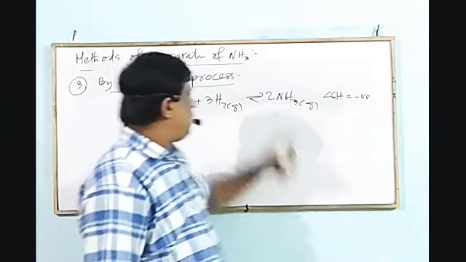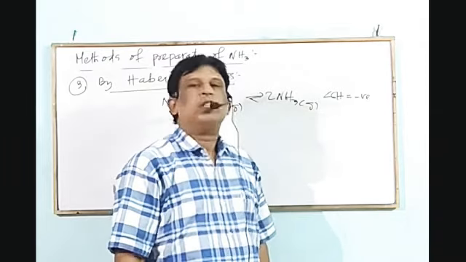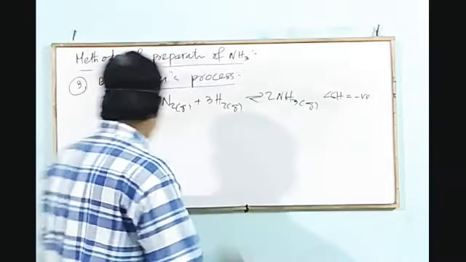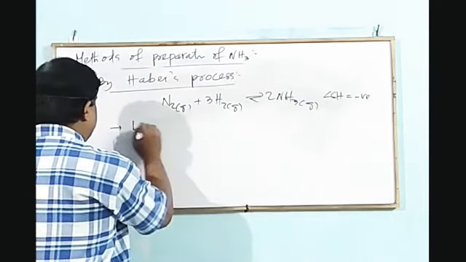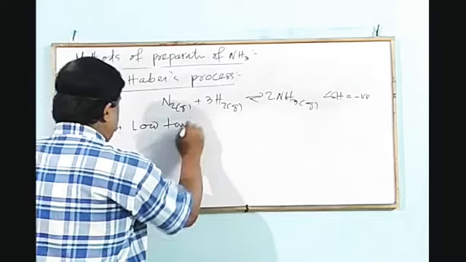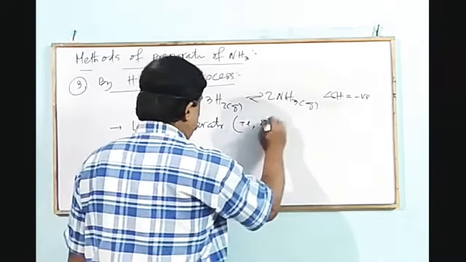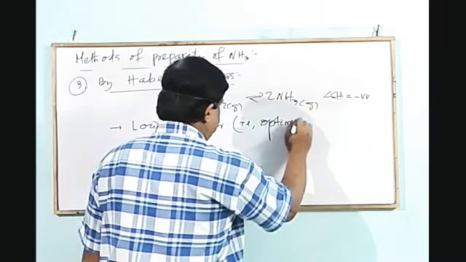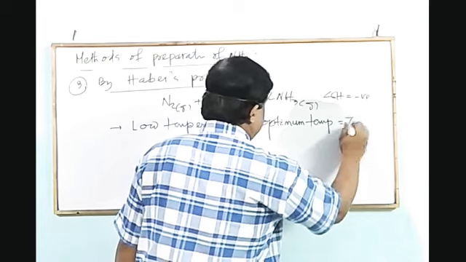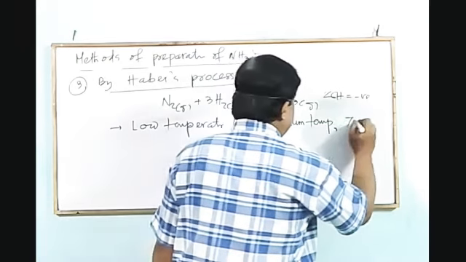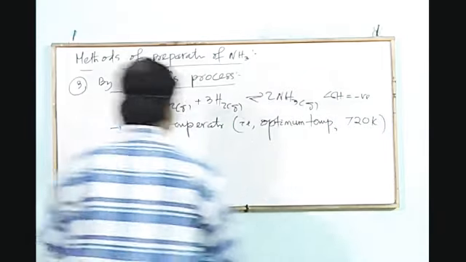In order to get the maximum amount of product by applying Le Chatelier's principle, the favorable conditions are, point 1, as it is exothermic, low temperature, with optimum temperature 720 Kelvin.